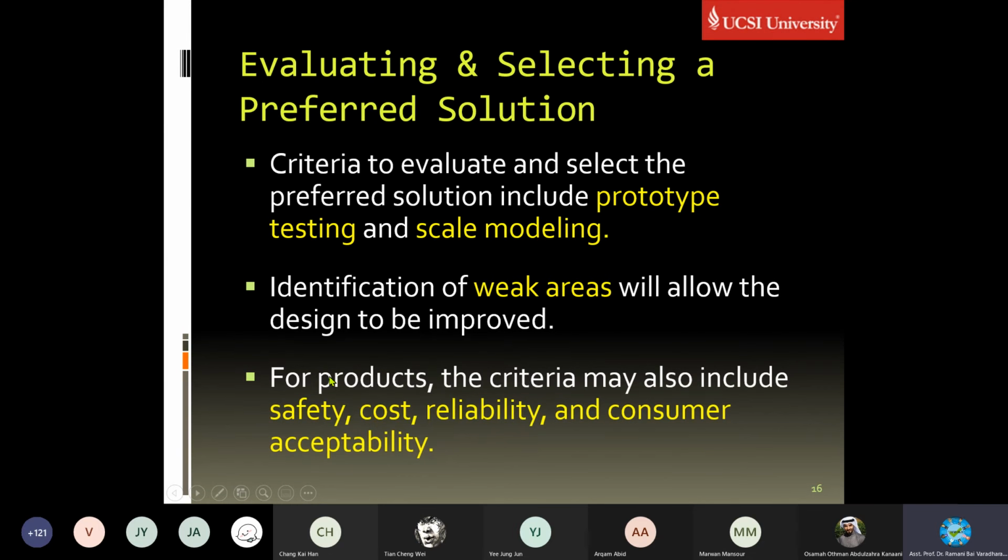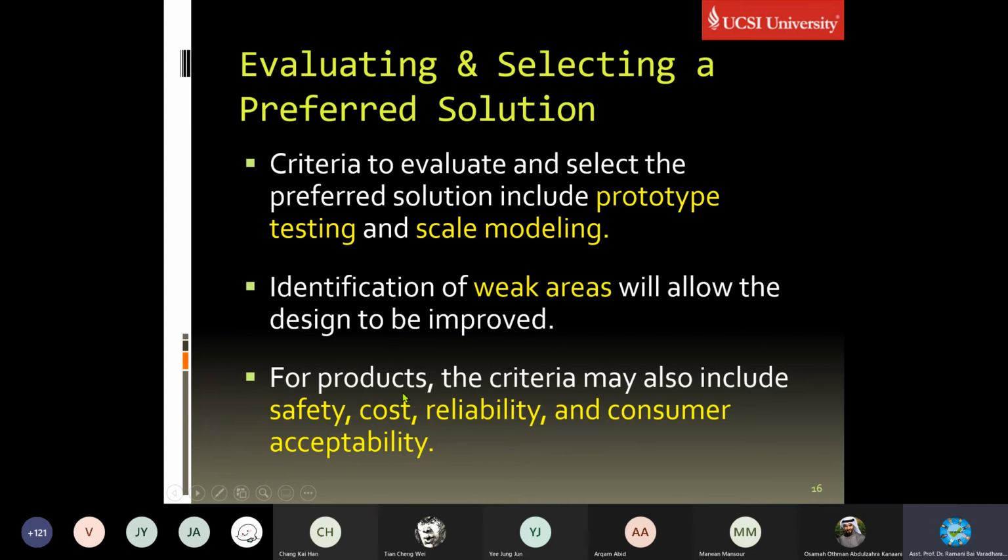For products, this is an important point. Just now we are talking about evaluation. In the evaluation, you cannot just test it. For products, criteria may also include safety, cost, reliability, consumer acceptability. These are common for all types of design, construction and implementation.